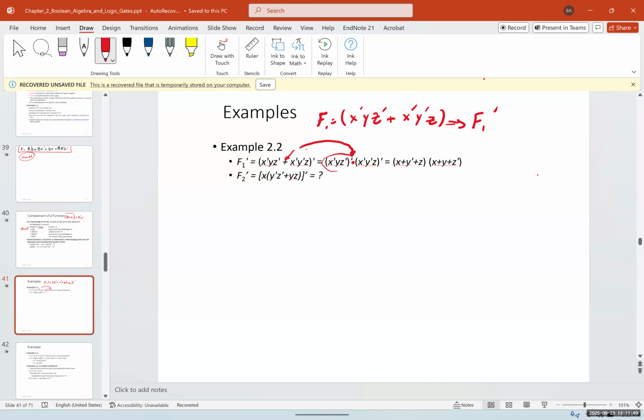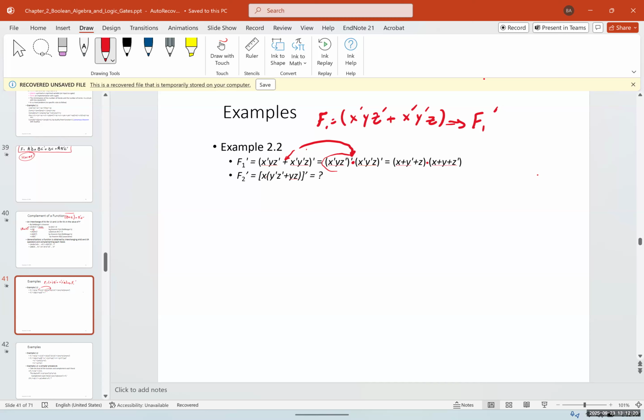So it's going to be x plus y prime plus z, and with x plus y plus z prime. So again, all the ands become or, and all the variables or literals, we have to replace them with their complement. So x becomes x prime, x prime becomes x, y becomes y prime, and y prime becomes y, etc.